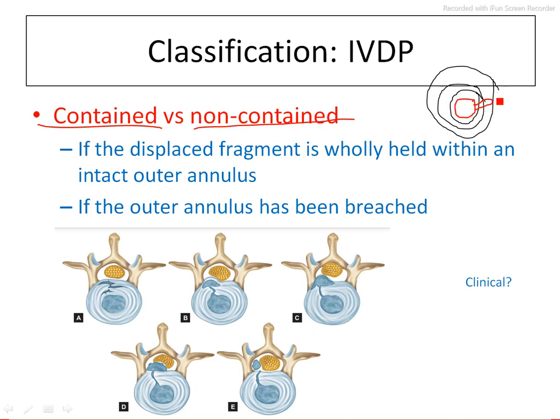But you see here the outermost boundary is this outer layer of the annulus fibrosus. So when the outermost layer is still containing the bulge material of the nucleus pulposus, then it is content type. However, if this prolapsed disc transverses all the layers of the annulus fibrosus, then this is known as non-content. Now it is not contained within the annulus fibrosus. So this is the non-content variety.